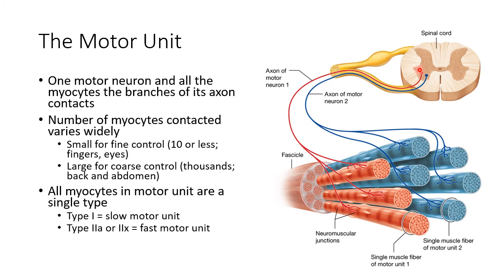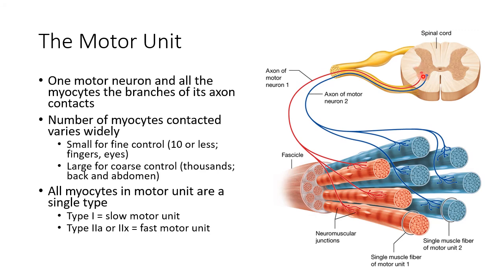So here in red you have the cell body of a lower motor neuron. Its axon exits in the anterior root of the spinal nerve and continues on ultimately to this muscle, and it branches and contacts all of these three muscle cells. So these three cells and the motor neuron that controls them, those are all one motor unit.